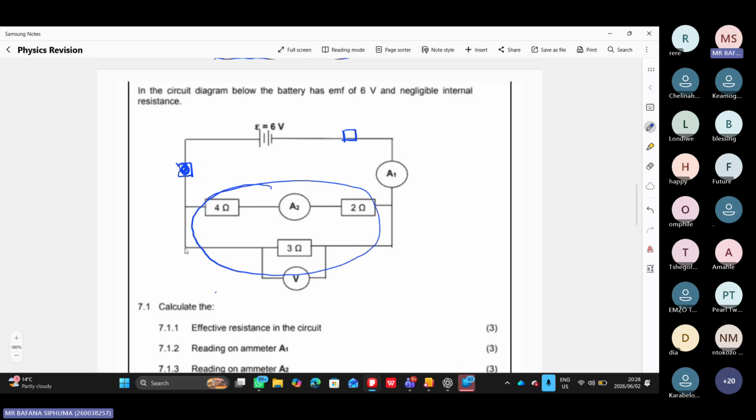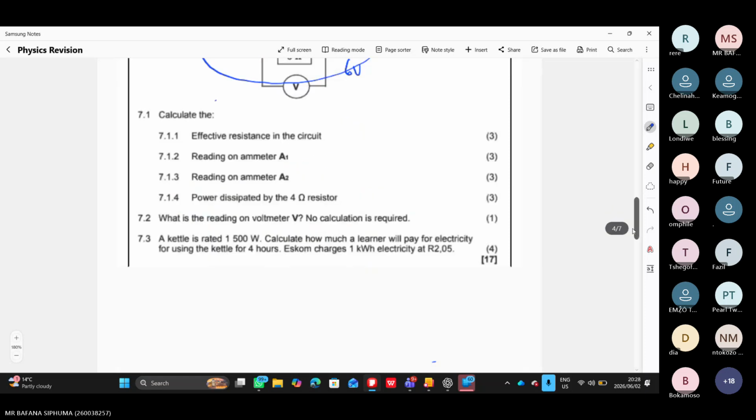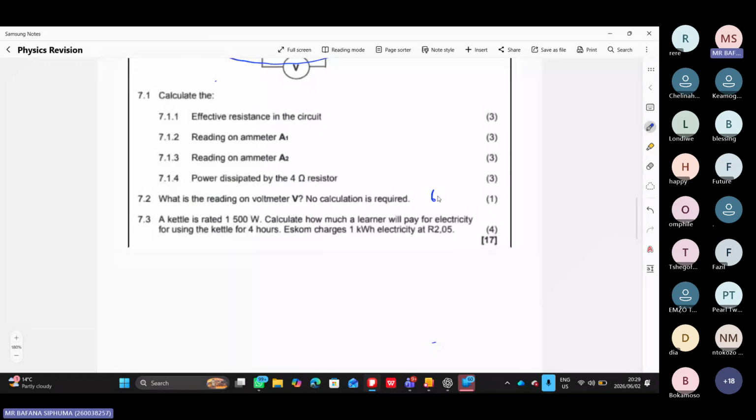One thing we know about resistances in parallel is that they have the same voltage. So if the 6 ohm resistor is getting 6V, then the 3 ohm resistor is also getting 6V.